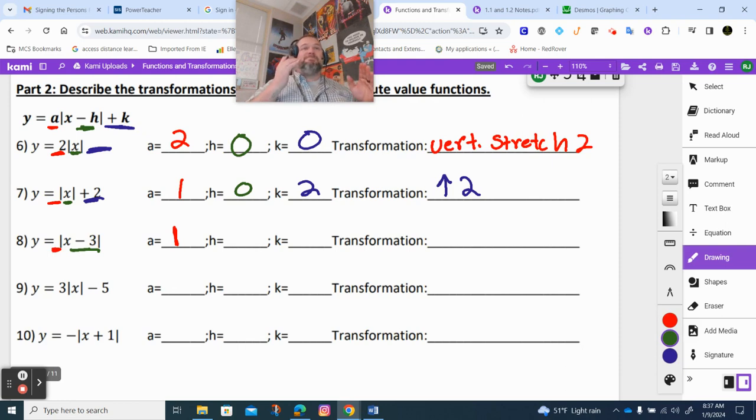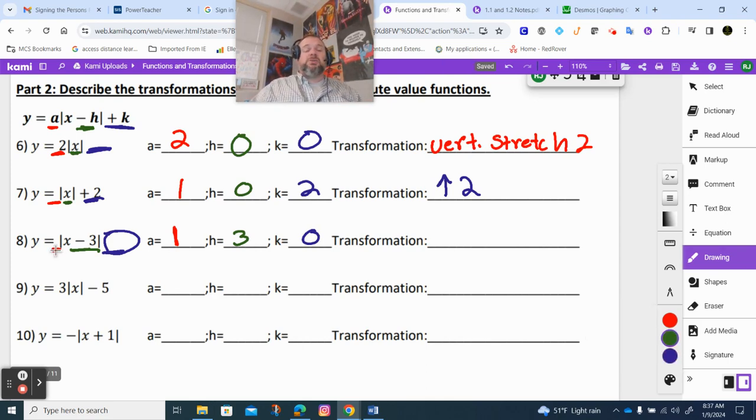So it's written as -3. So what's the opposite of -3? +3. Okay. What's being added or subtracted at the end? What's written right here? Yeah, nothing. All right.